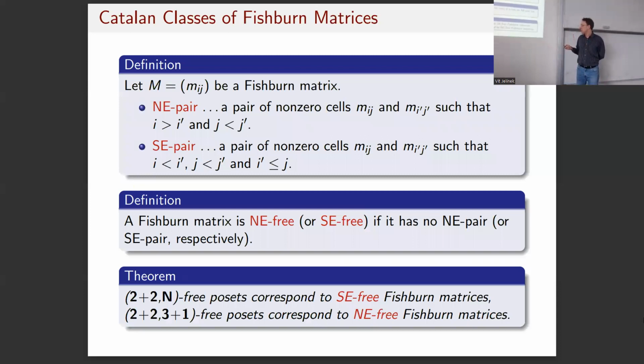So the 2 + 2 and N-free posets correspond to the SE-free matrices, and the 2 + 2 and 3 + 1 free posets correspond to NE-free matrices. Okay, so far what I did was I showed you two more families of objects which are counted by Catalan numbers to add to the several hundred already known. And now I would like to define some analog of returns and tails that would have this nice symmetry property on these SE-free and NE-free matrices.